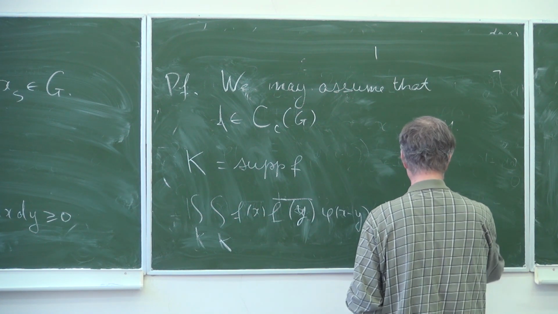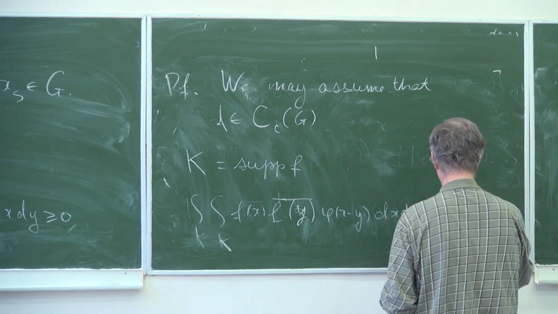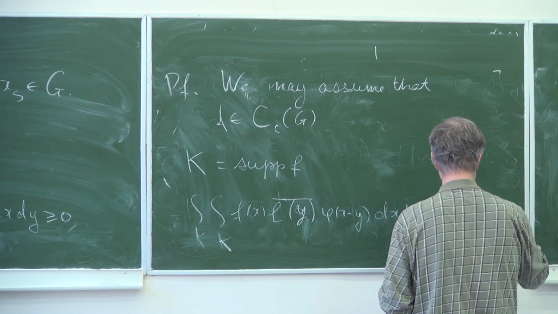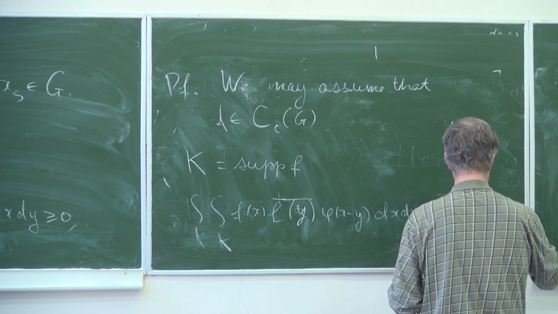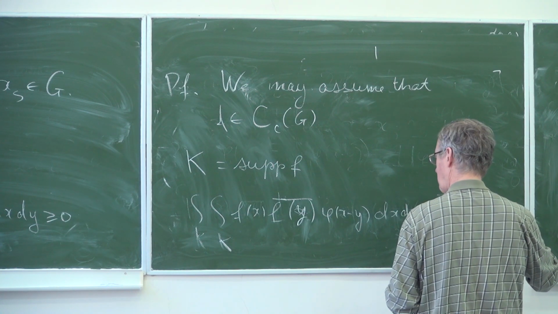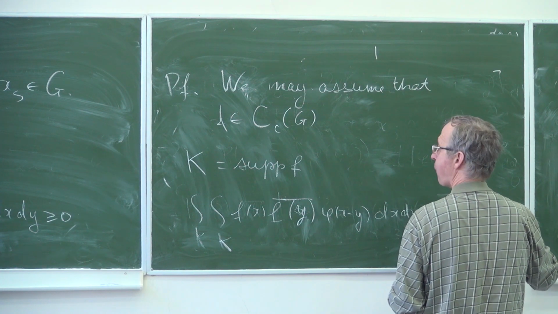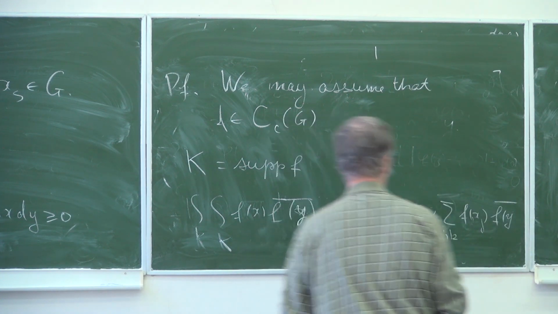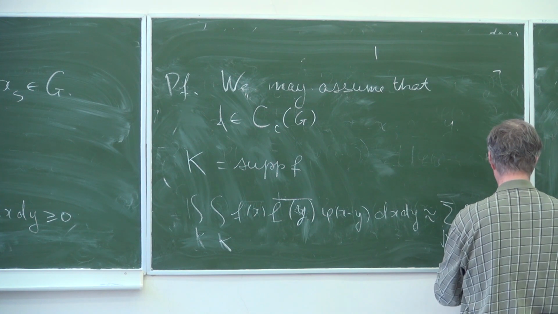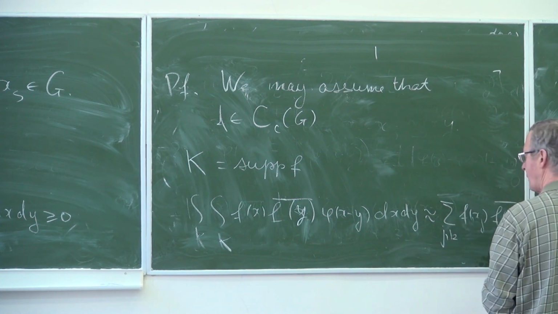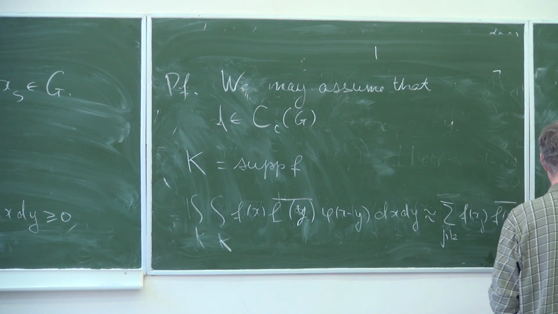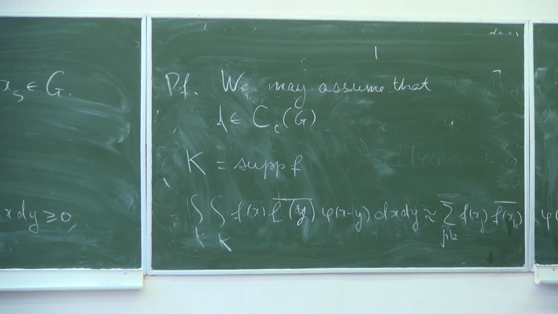This is a finite sum, and there will be f of x_j, f bar of y, x_k, say, phi of x_j minus x_k, and there will be also the Haar measures of these portions.